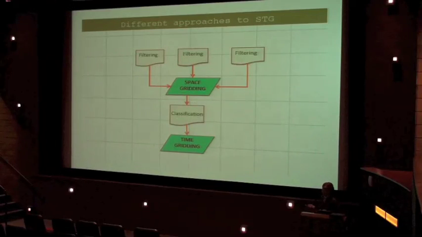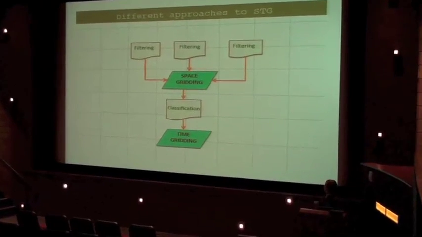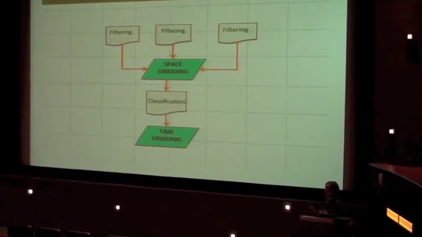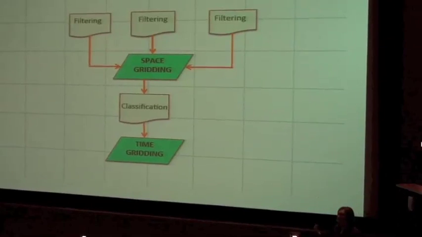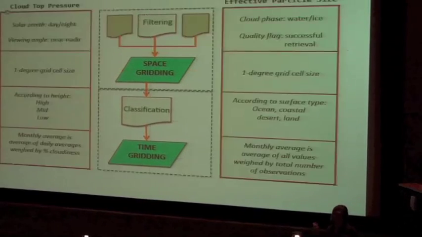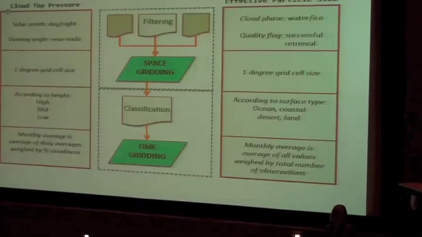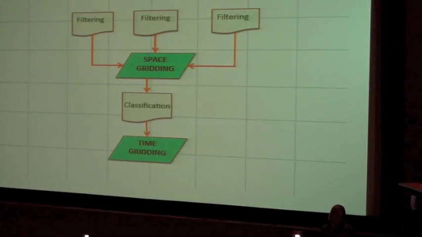And now I also just want to show how we anticipate this being implemented, or already have experience with doing this. First of all, you can have many different filtering strategies that then feed through to the gridding phase. Once this gridding is done, these space gridding data files are about 50 megabytes for 1 day of global data, and then you can store those.